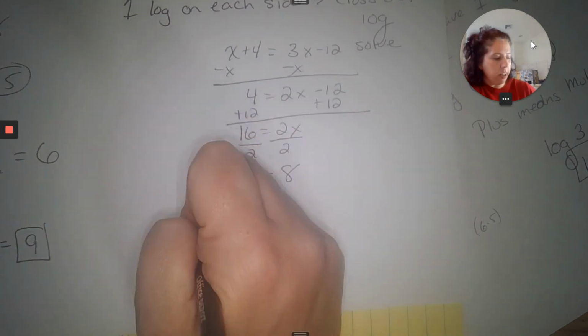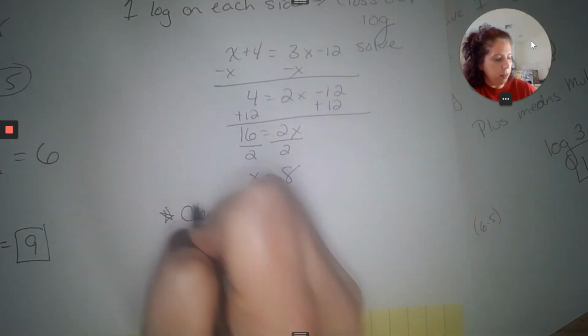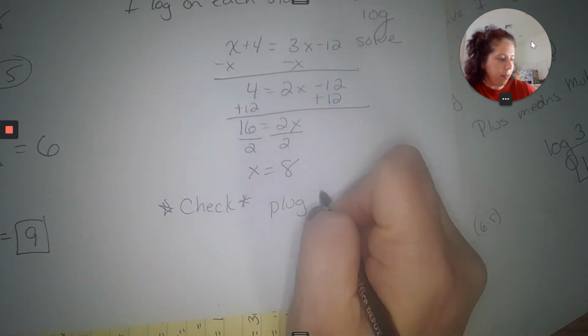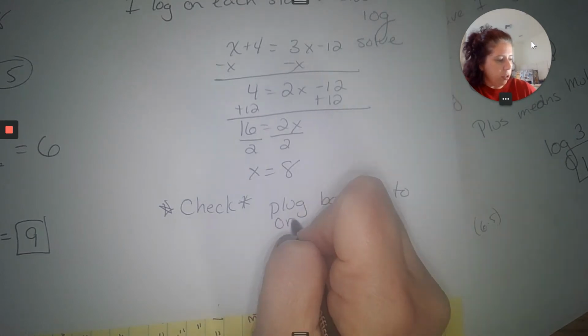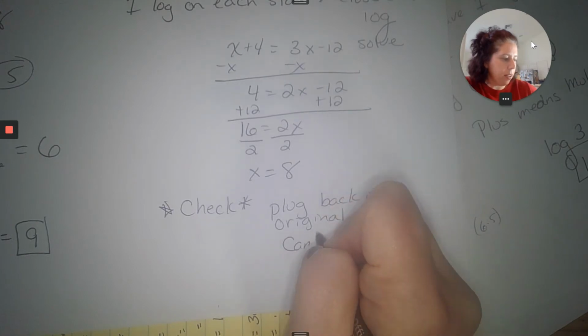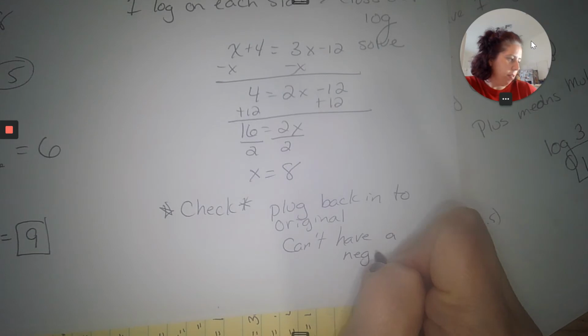Now, you have to be careful because this may not be the answer. You have to check them. So what you're going to do is plug it back in to the original. And you can't have a negative answer.